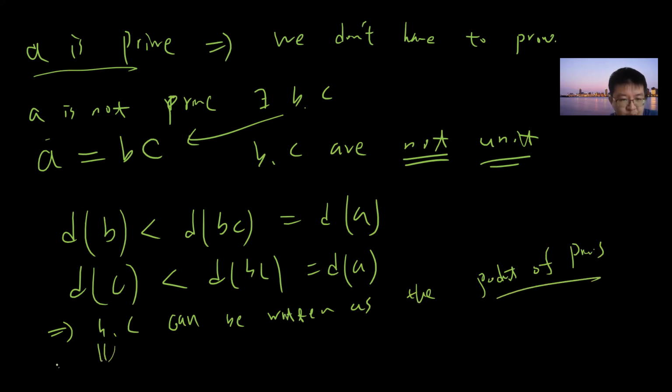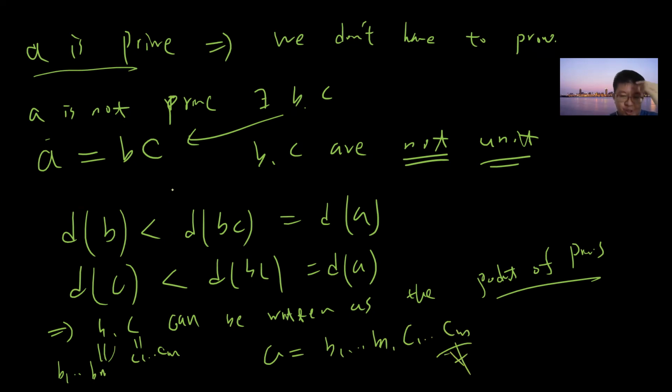Let's say B is a product of primes B1 up to something, and C is C1 up to something. Then A will be the product of these. Okay, so the proof is done.